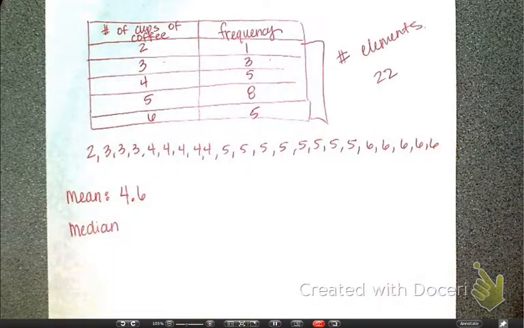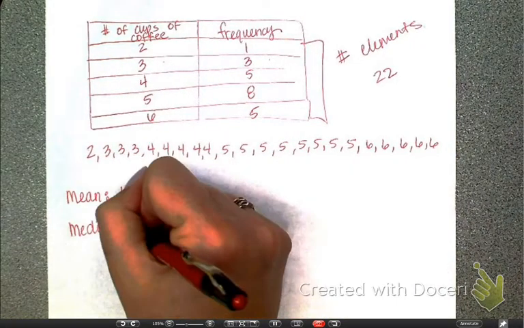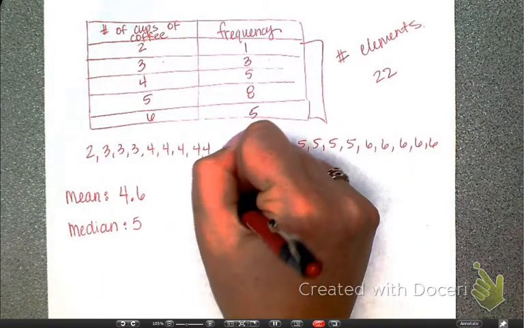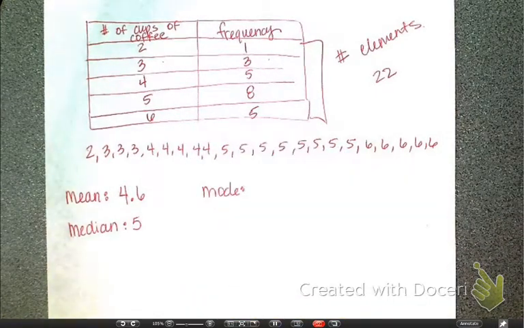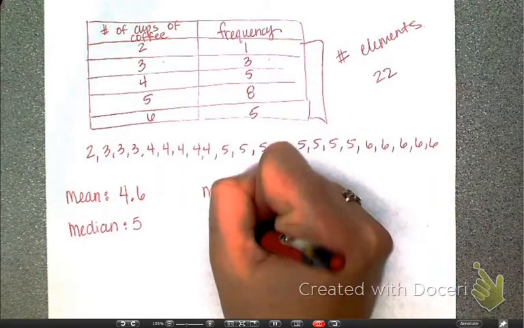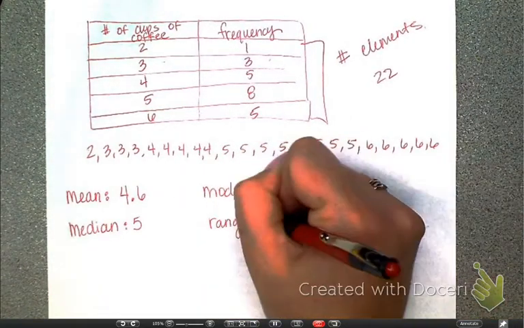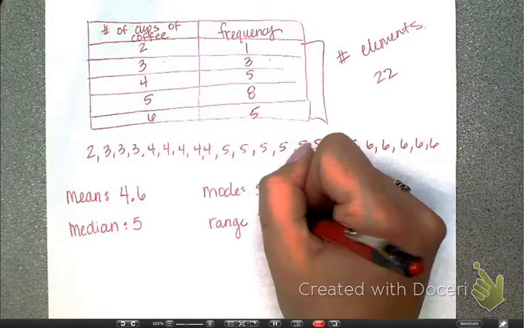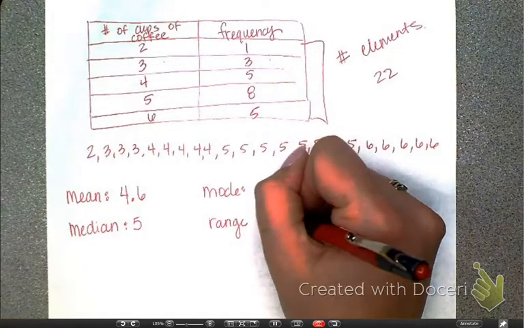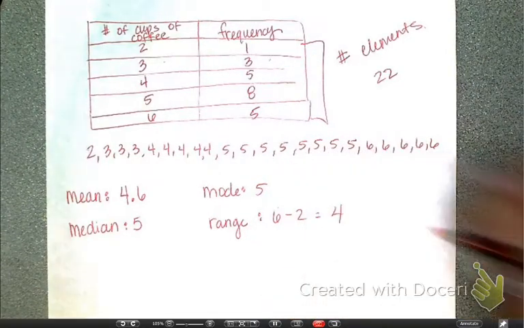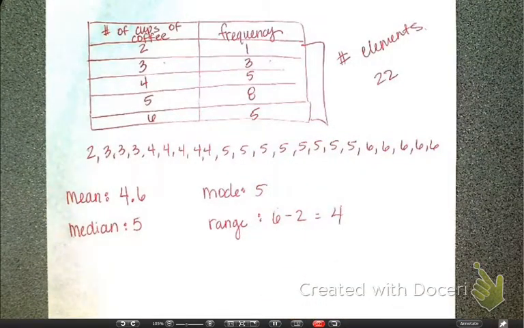And you end up with 5. Yeah? The mode is the one that appears the most often, and you end with 5. And your range is 6 minus 2, which is 4. Not too bad?